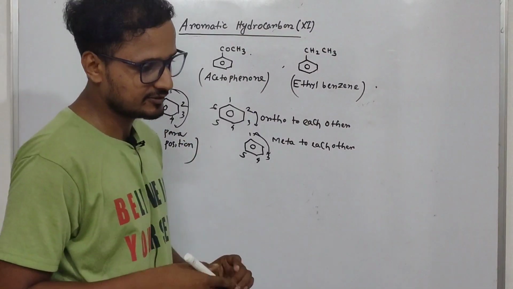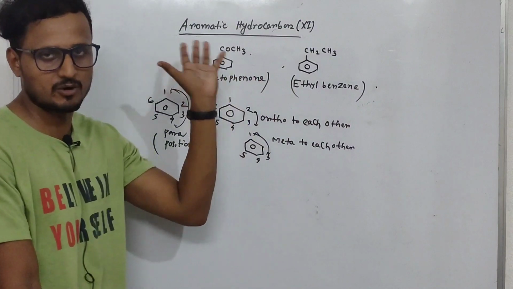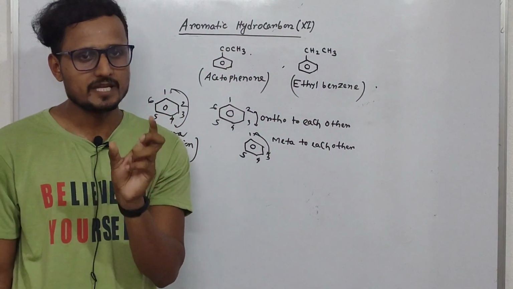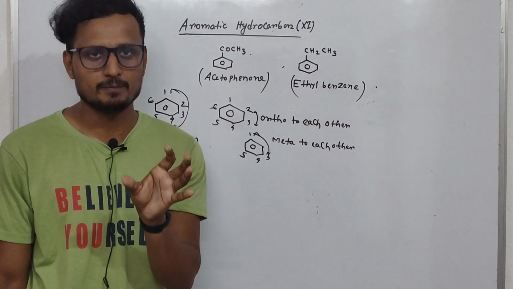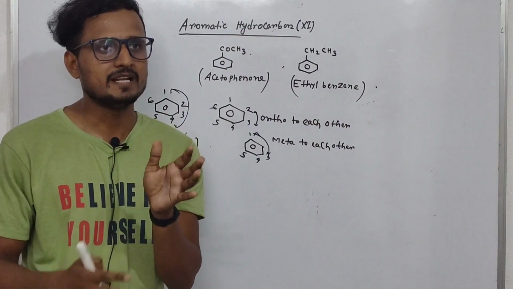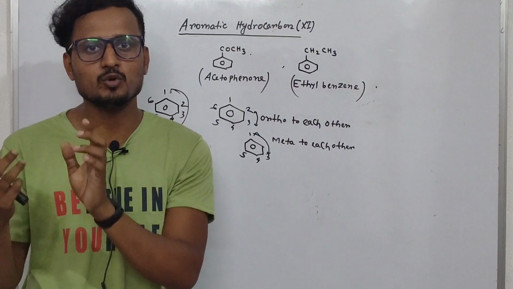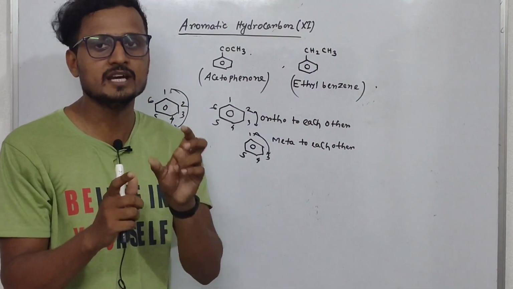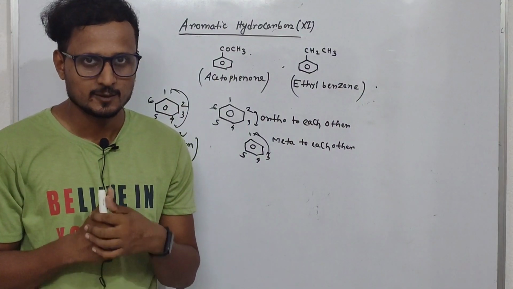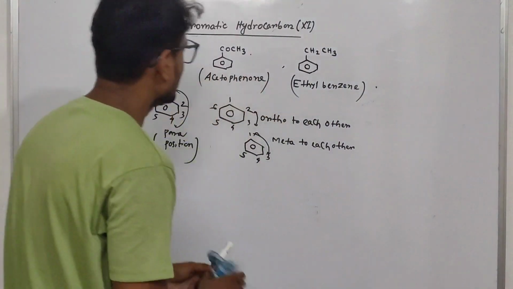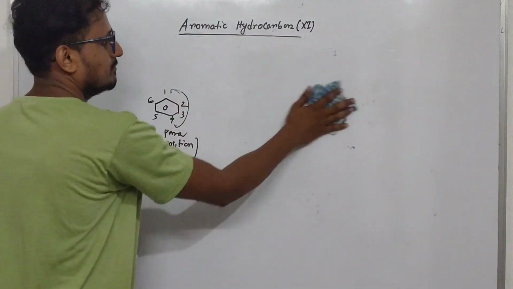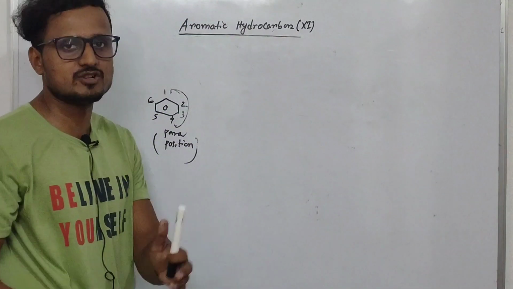Now we can give the name of an aromatic compound in such a way that when a particular group is already present in an aromatic compound, and by reacting with some reagent other groups are substituted in that aromatic compound, then we can give the name of the compound. Most aromatic compounds are benzene and benzenoid compounds.